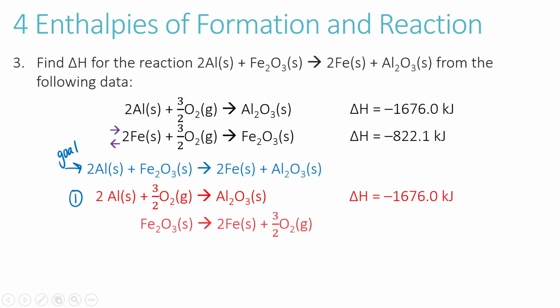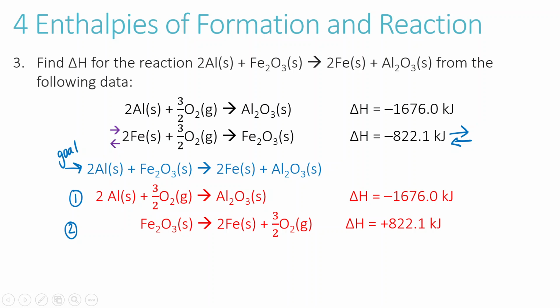So I'm going to flip this reaction. I'm going to make Fe2O3 solid my reactant, and the solid 2 moles of iron and 3/2 mole of O2, those are going to be my products. Now, since I flipped the reaction, I'm also going to flip the sign on delta H. So this one was flipped, which means the sign of delta H is also flipped.